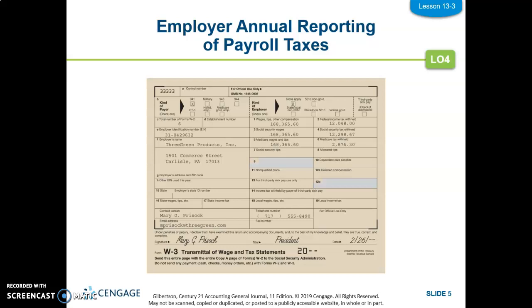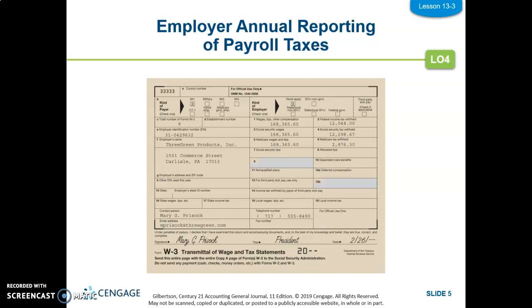So all employees are on this one. So I take the W-2 for every single employee, add them up, and I get what the total is for the entire company. And I will send this form to the Social Security Administration office as well. It is due on February 28th or 29th if it's a leap year.